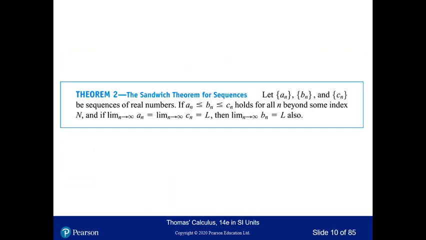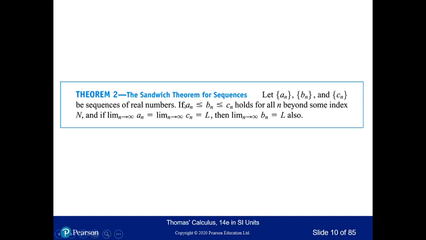Okay, we already have the sandwich theorem for functions, but we have a similar sandwich theorem for sequences as well. Let's consider we have 3 sequences here, a_n, b_n, c_n. They are sequences of real numbers, and a_n is less than or equal to b_n less than or equal to c_n for all n beyond some index, which means after some finitely many terms they are following that rule.